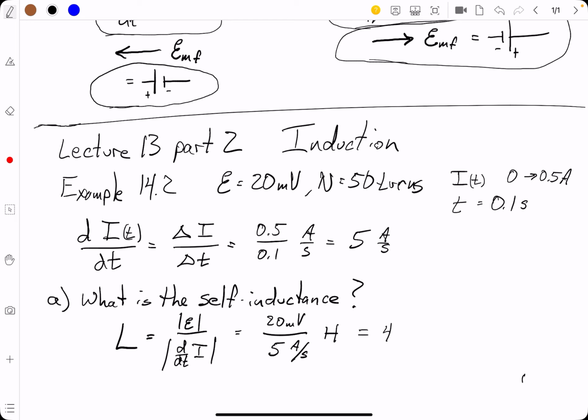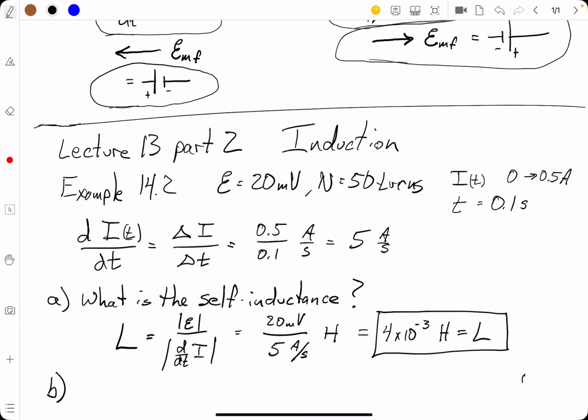Milli means 10 to the minus 3. And Henry. So that is equal to our self-inductance of our inductor. Okay? Whatever that inductor happens to be designed of or made of, coiled wire, however it exists. Okay?